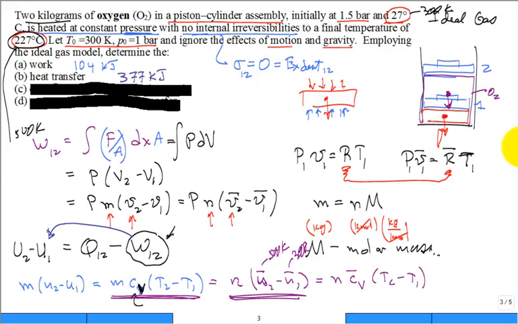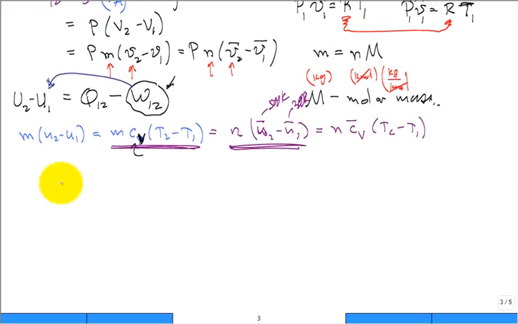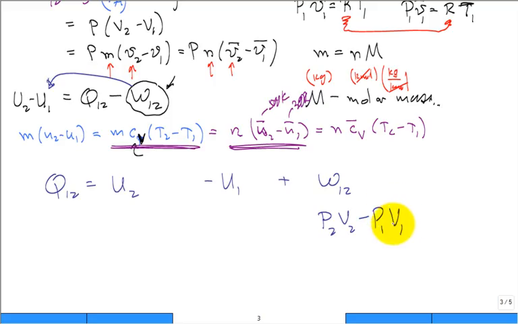Somebody says, look, if I take this W and throw it over here, let me scroll down, because I have the Q1 to 2 is equal to U2 minus U1, and then I have this plus W1 to 2. I bring that to the other side, right? But wasn't that W1 to 2 P2 times V2 minus P1 times V1?